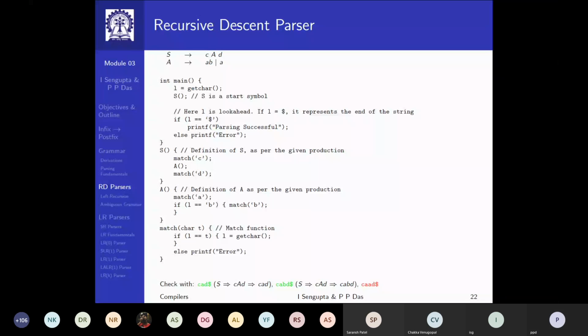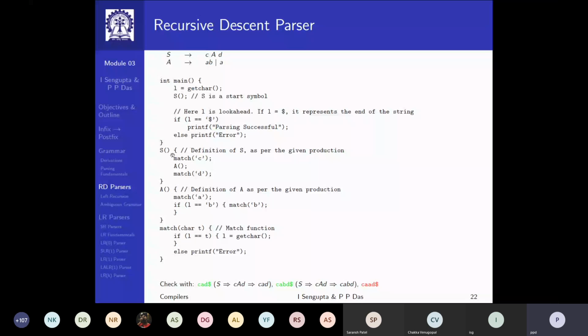That is represented by the call of the function corresponding to A. So you match C, then call A, and then after A has matched everything and you come back, the next look ahead symbol in the input must be a D. So you match D. And if this happens, then you are done.